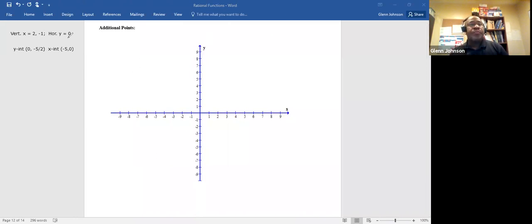All right, so we have our vertical asymptotes at positive 2 and negative 1. I'm going to use a light color for the asymptotes. So positive 2, and negative 1.